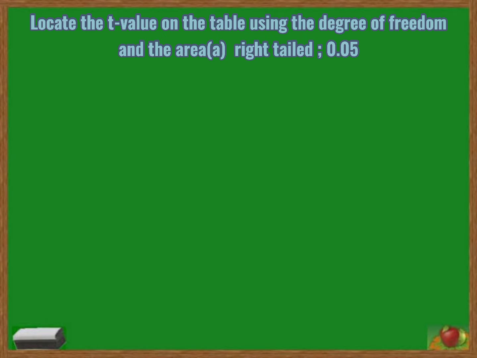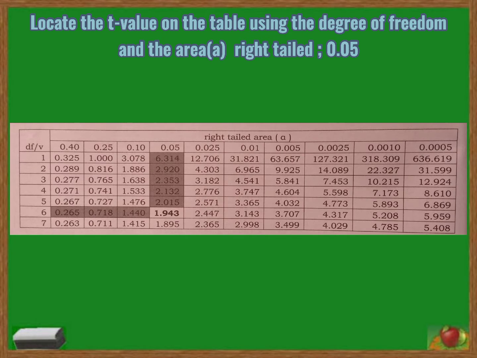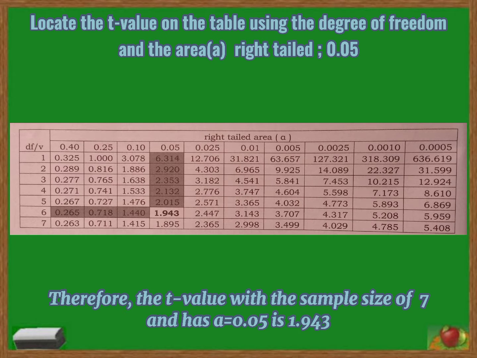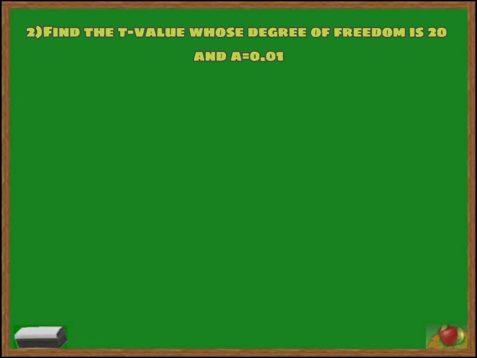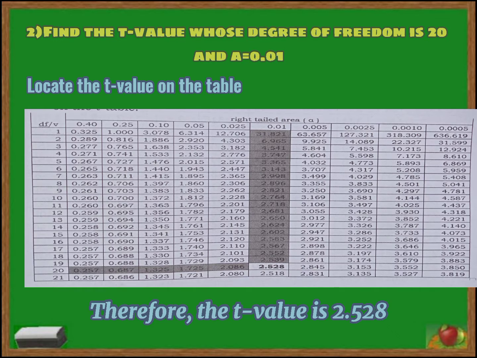And now, locate the t-value on the table using the degree of freedom and the area of the right tail, 0.05. Therefore, the t-value with sample size of 7 and an area of 0.05 is 1.943.